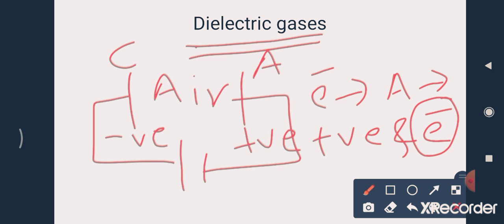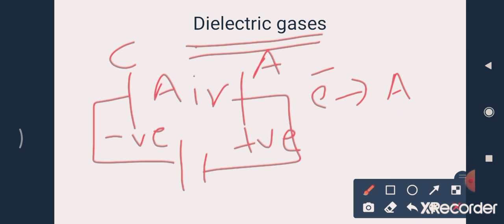Next, we will see photoionization. In case of photoionization, the cathode has negative charge.